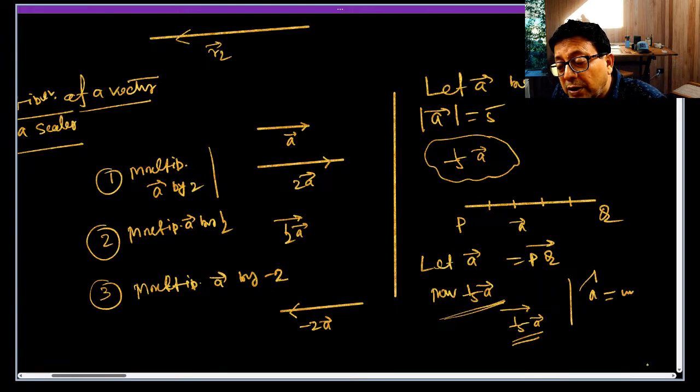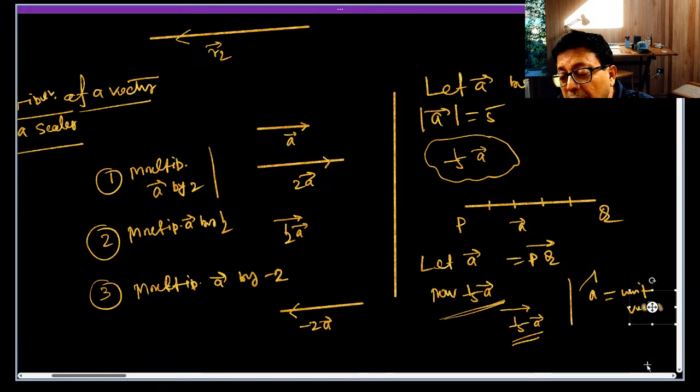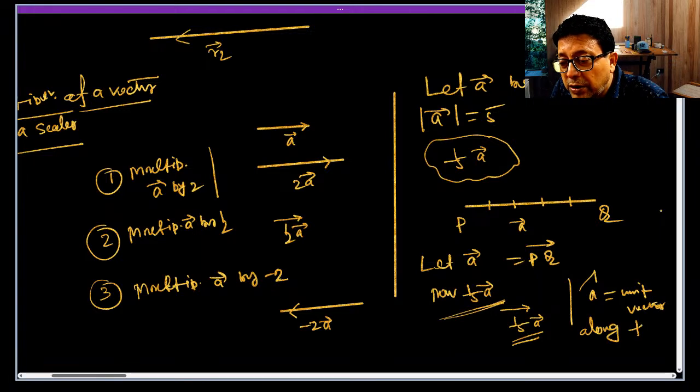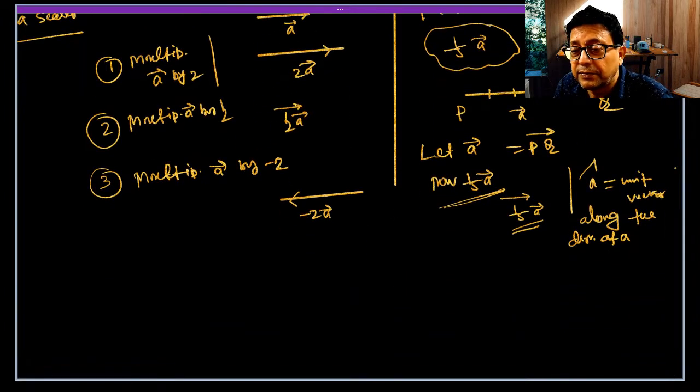This is called a unit vector along the direction of a given vector.